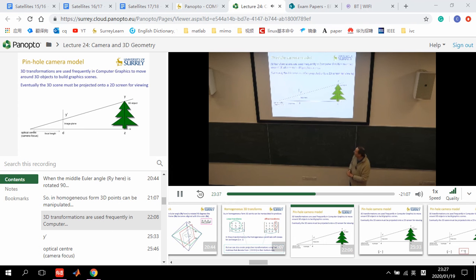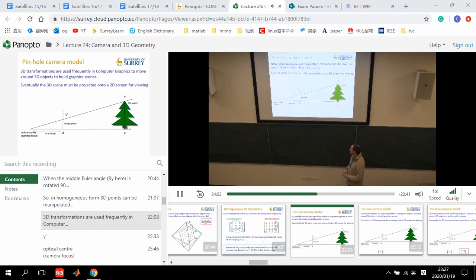In this diagram, then, the distance the tree is away from us is distance d down the z-axis of our space. So z is distance away from us. And the height of the tree is y in an orthogonal plane. We're just forgetting about the x for now. It will be kind of coming out of the board towards you or into the board, but we're going to disregard that for simplicity of the diagram.